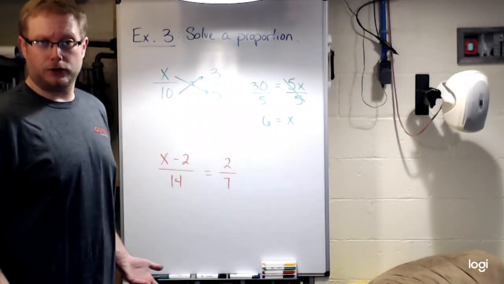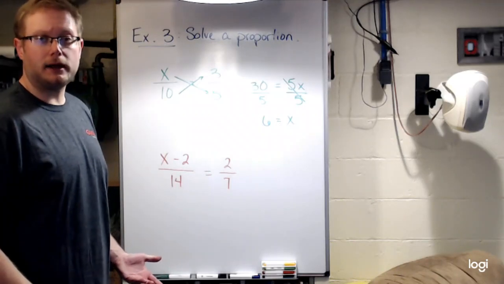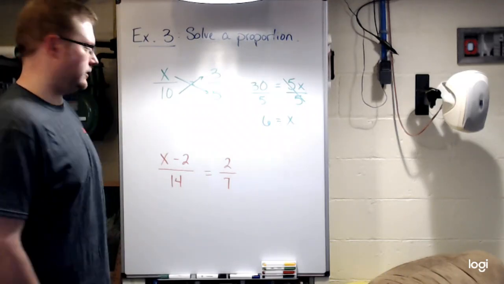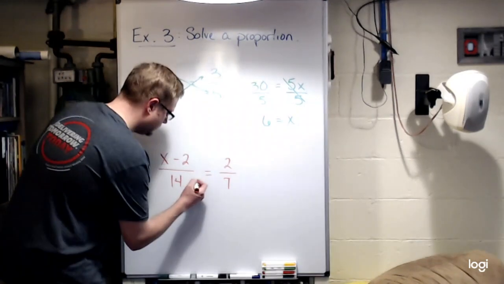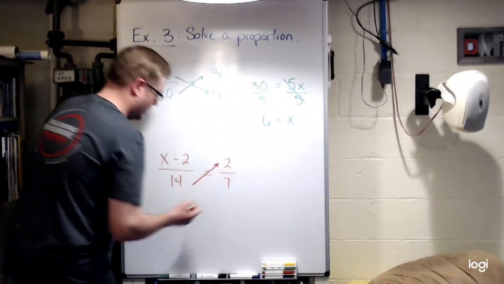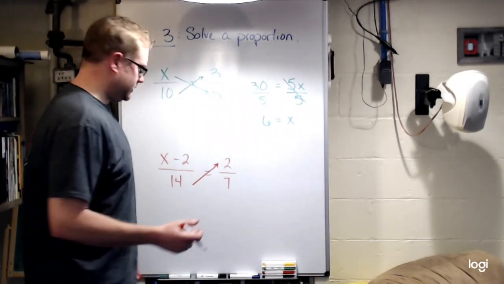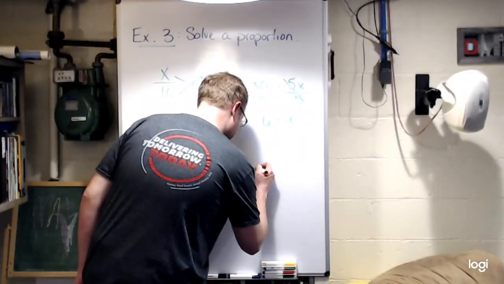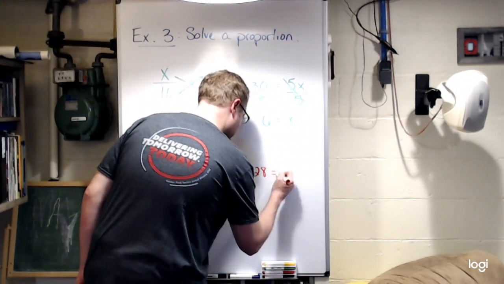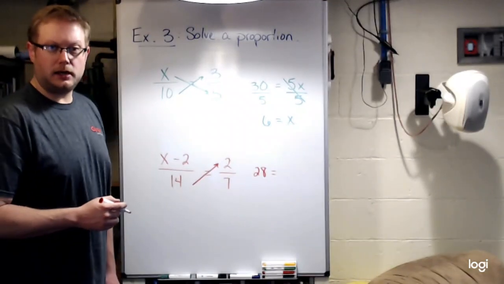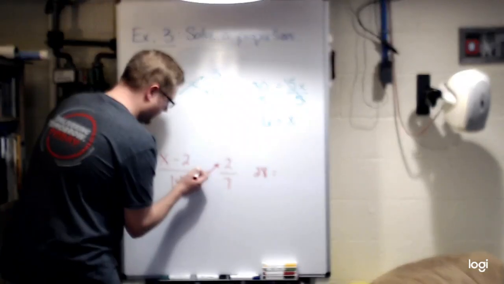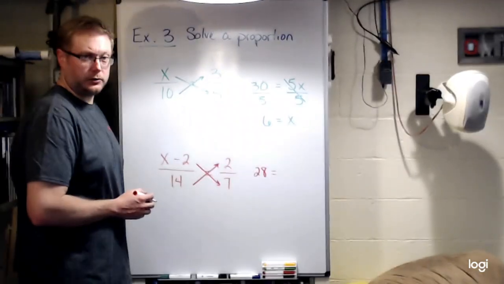We're still going to do cross products. We're still going to cross multiply, but the way we solve is just a little bit different. You have 14 times 2. 14 times 2 is 28. 28 equals, and then we're going to cross multiply this.